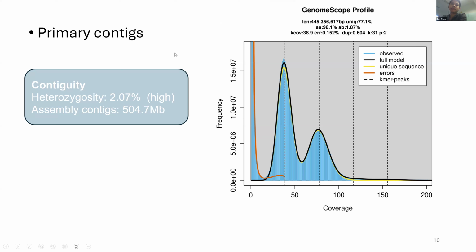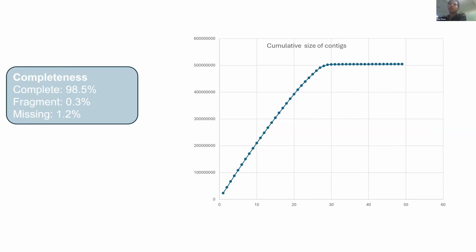After the assembly, we found the genome size is more than 500 megabases, with 44 contigs in the primary genome. We used BUSCO to compare with other Lepidoptera species and found the complete score is more than 98%, and missing is 1.2%.